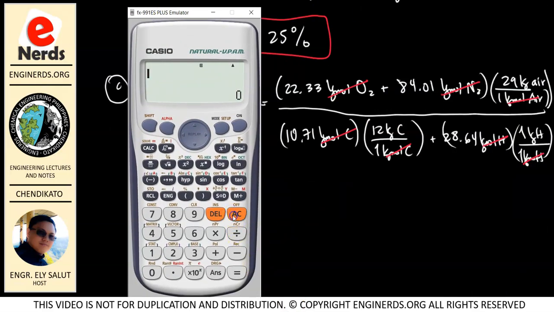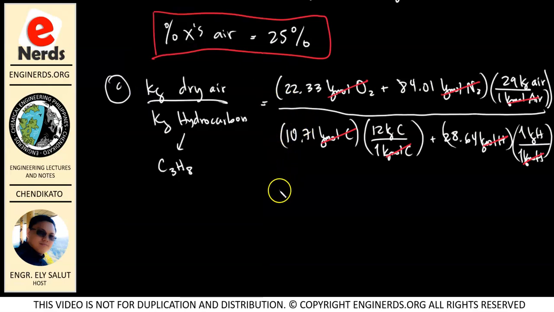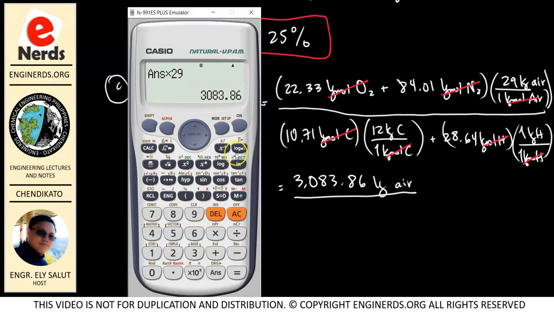So, numerator muna tayo para hindi tayo mahirapan. We have 22.33 plus 84.01 times 29 is equal to 3,083.86 kilogram of air over, so, denominator na tayo.